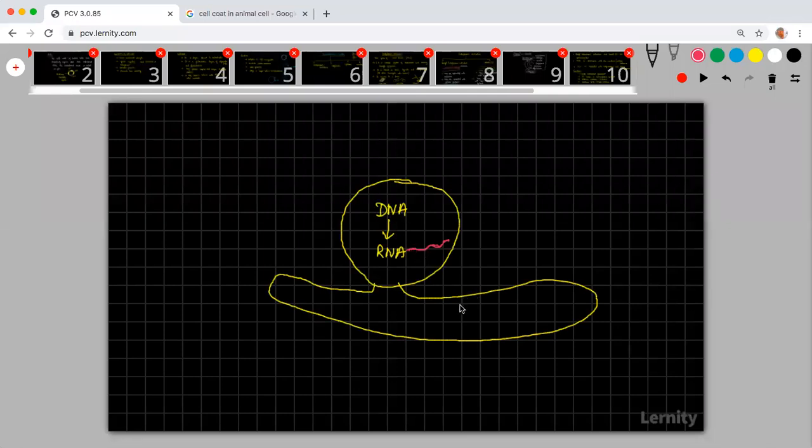As soon as this RNA is coming and attaching here, the ribosome will come and attach. So now from this particular place, let us say that a protein is formed. This protein will be produced from the ribosome and sent out.